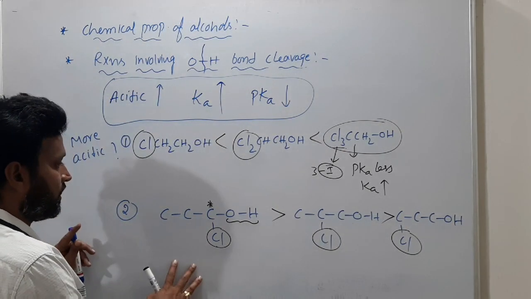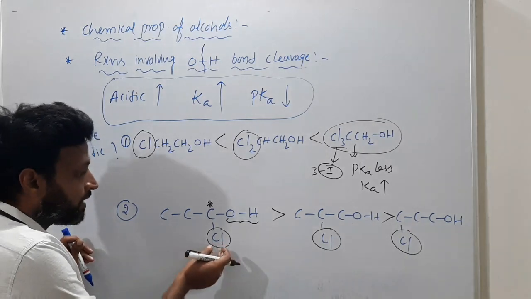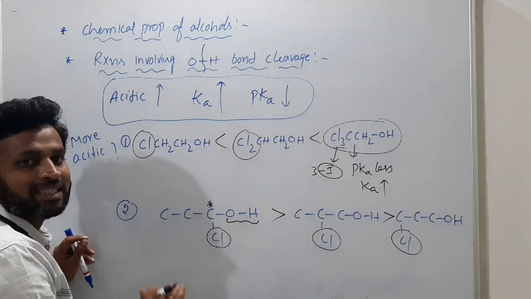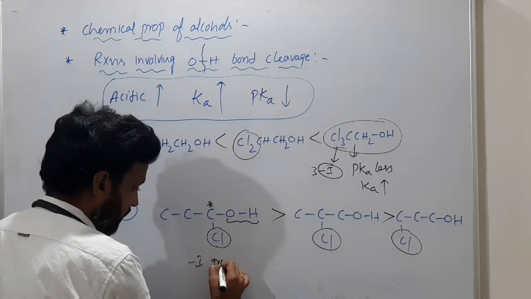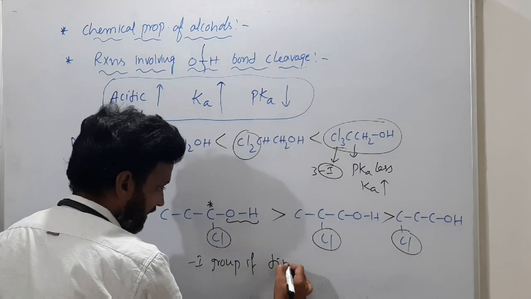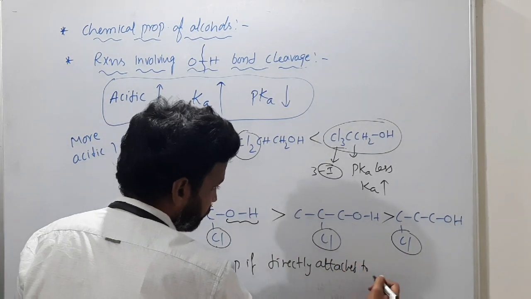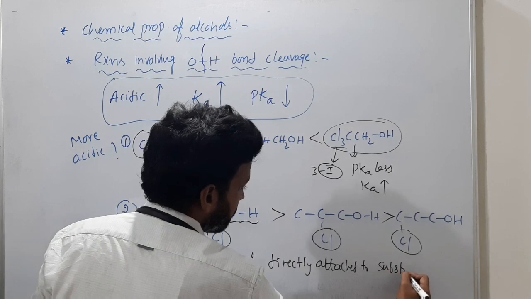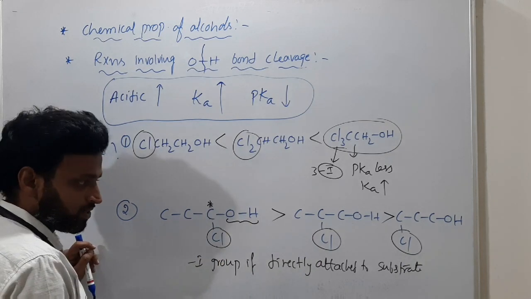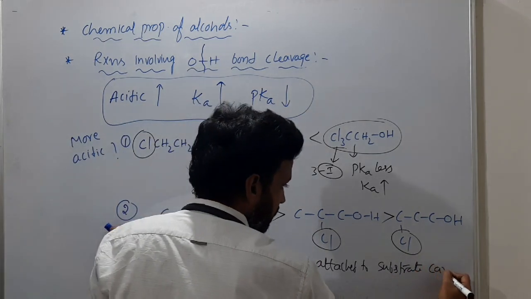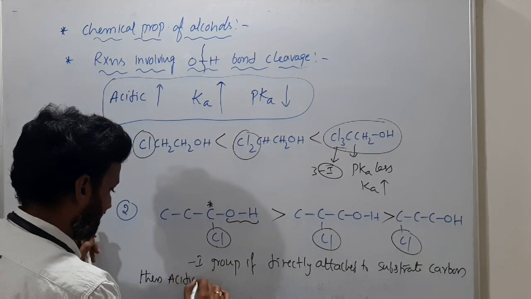So certainly if distance increases, distance of who? That minus I group. If distance is more, then acidic nature is less. So that point is also very, very important. So if a minus I group is directly attached to the substrate carbon, meaning the carbon to which the functional group is attached, then acidic character increases.